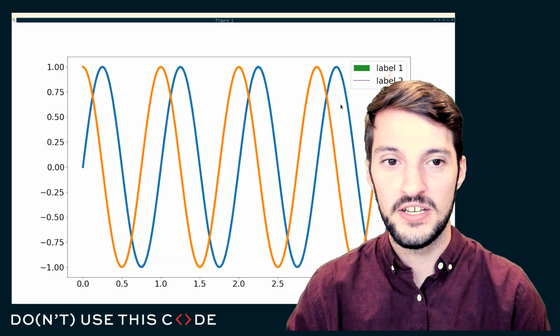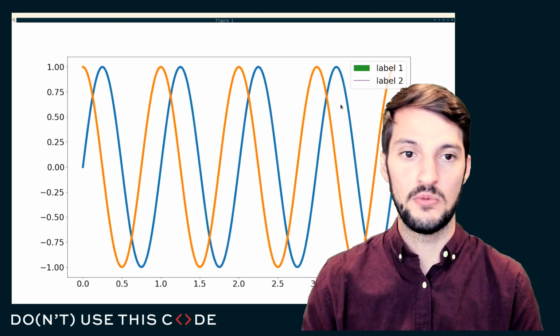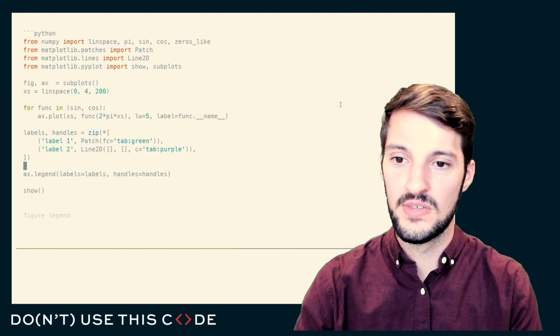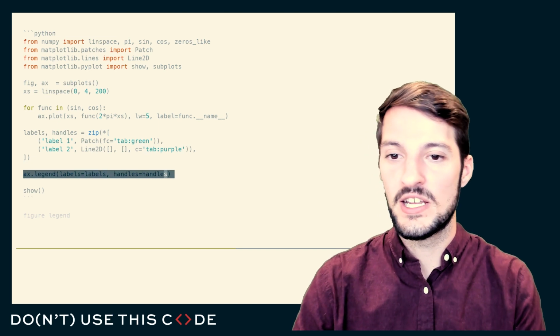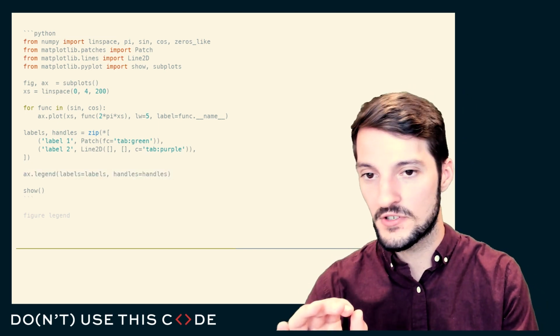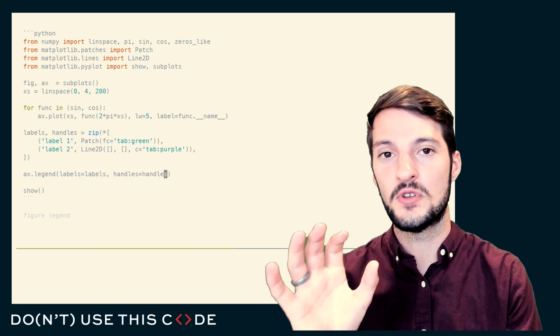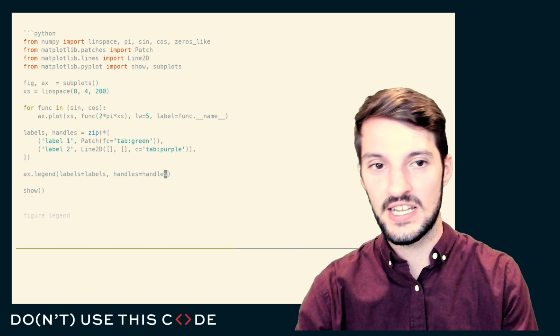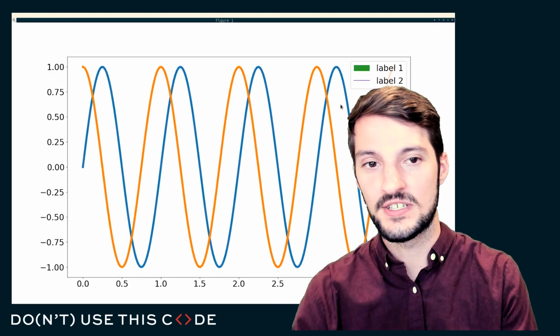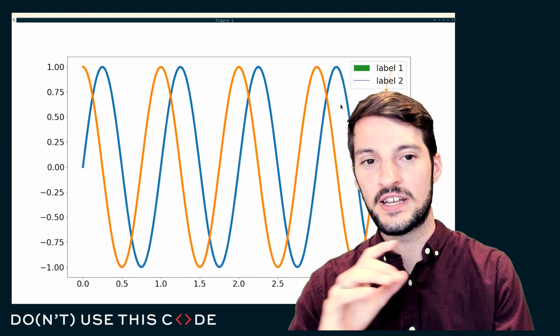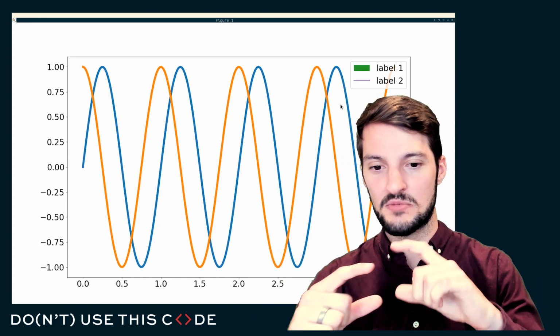You can see there in the top right, I have a patch corresponding to label 1. I have a line corresponding to label 2. Matplotlib does some transformations under the hood to convert a given artist into that little representation of that artist. And so when you think here, I'm not just taking that same patch and making it smaller.